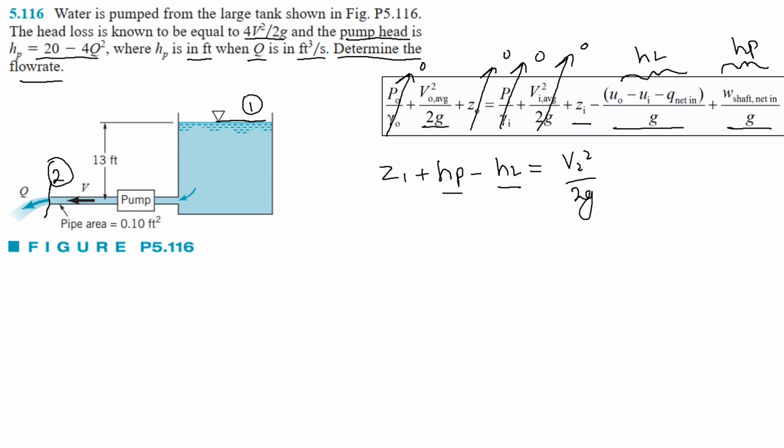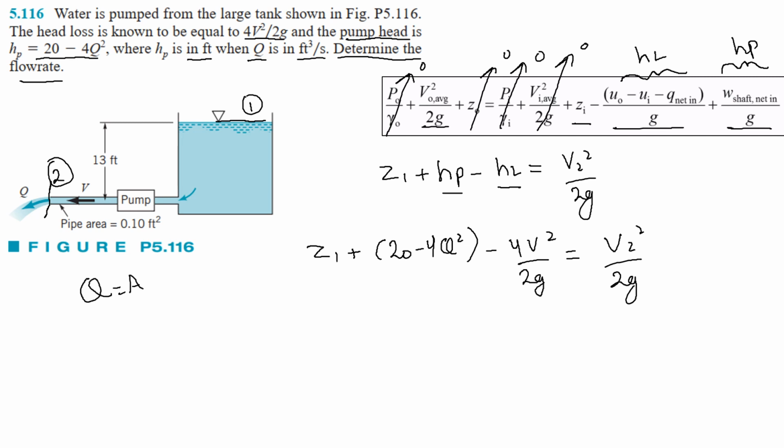So writing the terms, that is Z1 plus, for HP I will write 20 minus 4Q square, minus HL. So HL is 4V square divided by 2G, and for V2 square divided by 2G, I can write my velocity in terms of flow rate from this equation, that is Q is equal to A2 V2. So my velocity V2 is Q divided by A2. So this is what I am going to write.